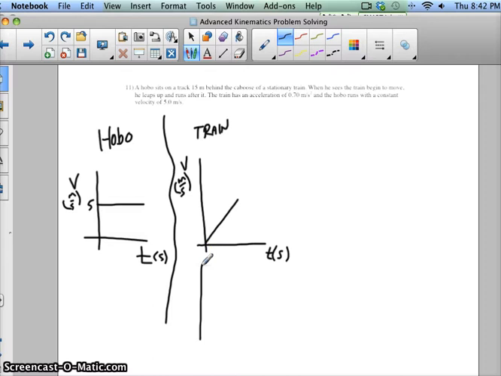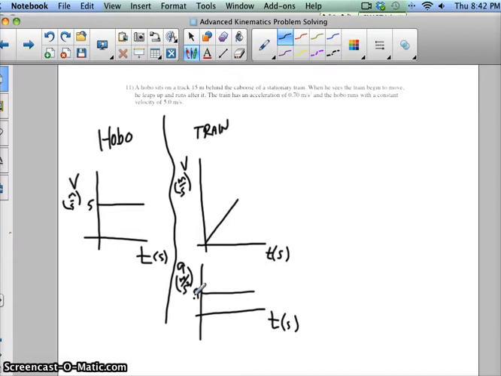Since we're given information about acceleration, I should look at that graph. Acceleration is meters per second squared, with time measured in seconds. And the train has an acceleration of 0.7 meters per second every second. So I'll write that.